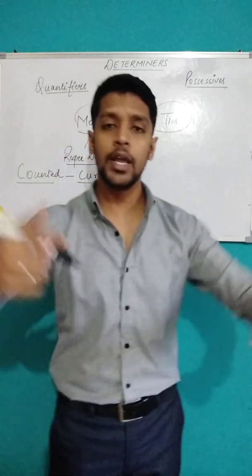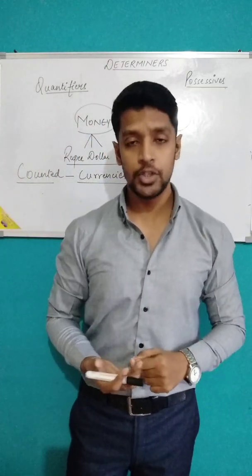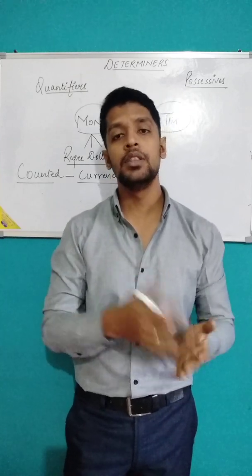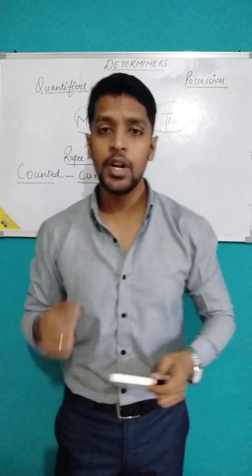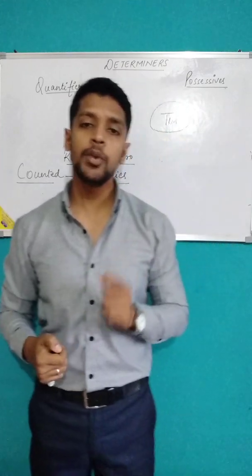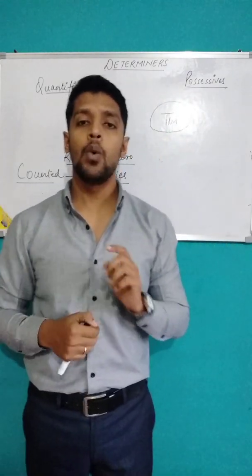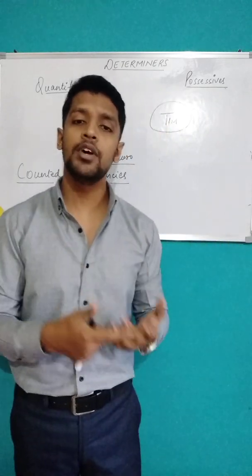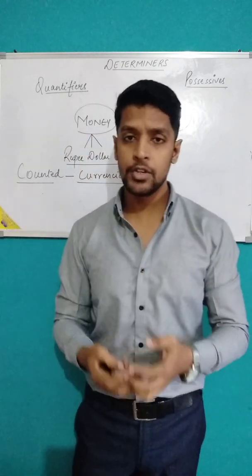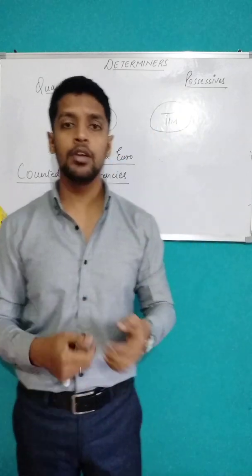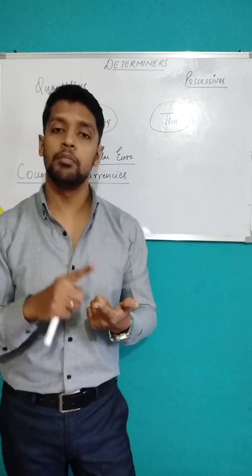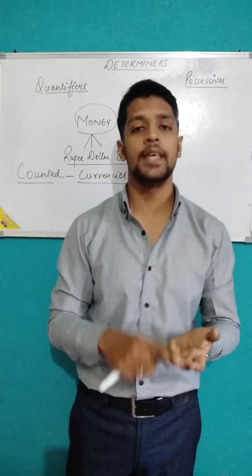When we talk about time, time is uncountable, but minutes, hours, seconds, months, these are countable. If someone asks you how much time is remaining, you never reply it is 1 time remaining, 2 time remaining or 5 time remaining. What you reply? 5 hours remaining or 3 minutes remaining, 10 seconds are remaining. What you're counting there? You're counting the inner units of it, like minutes, hours, seconds.